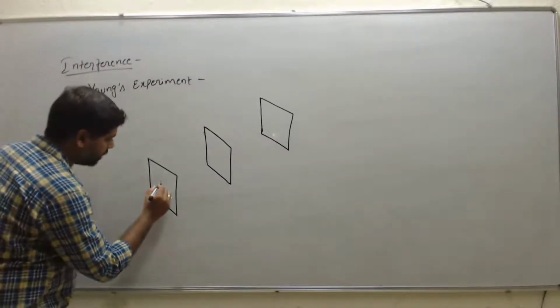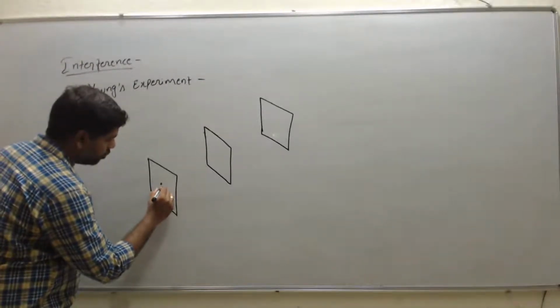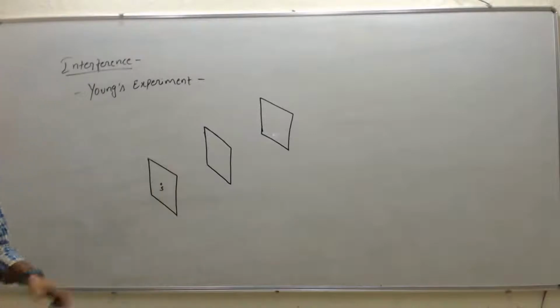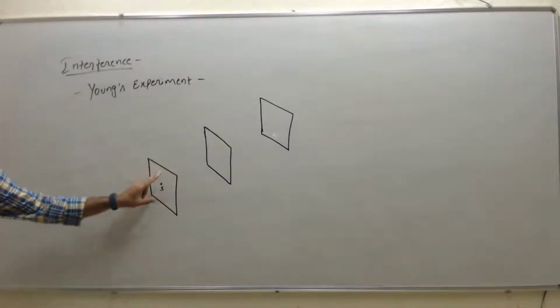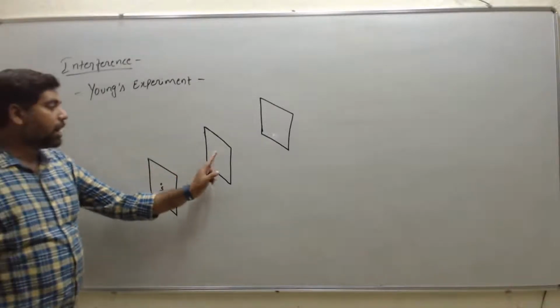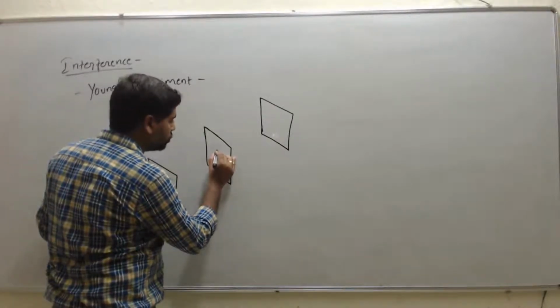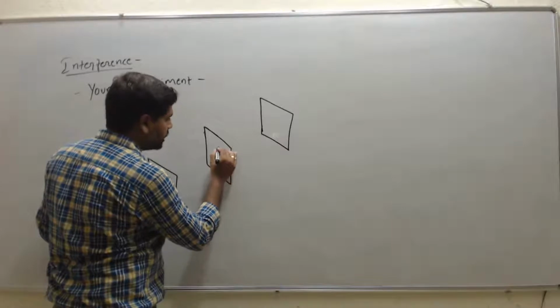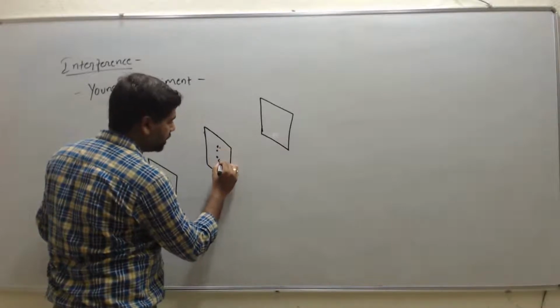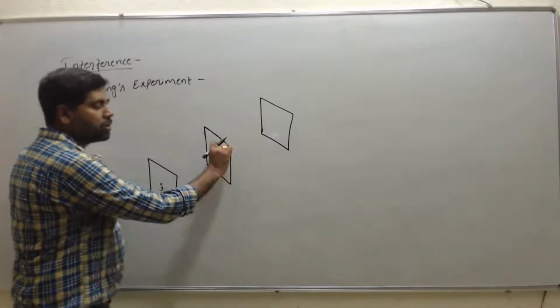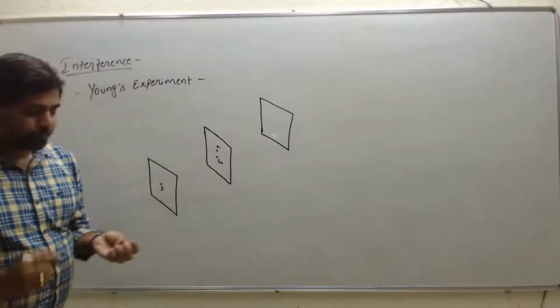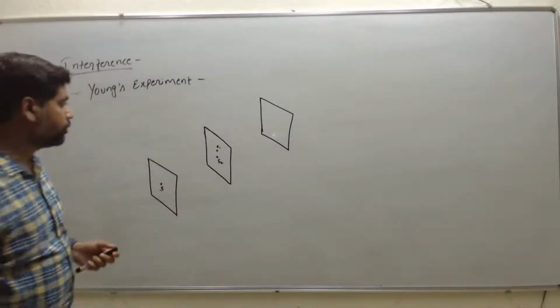So here we made one pinhole on the first opaque screen. This is one opaque screen, and this is the second opaque screen. Here he made two pinholes, here is S1 and here it is S2, separated by a small distance.